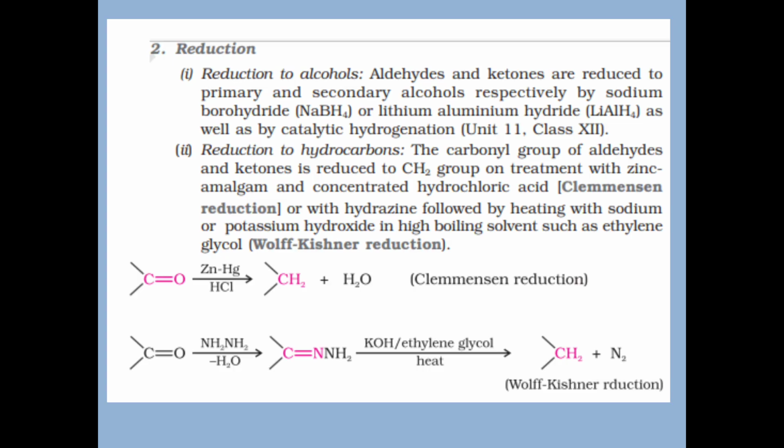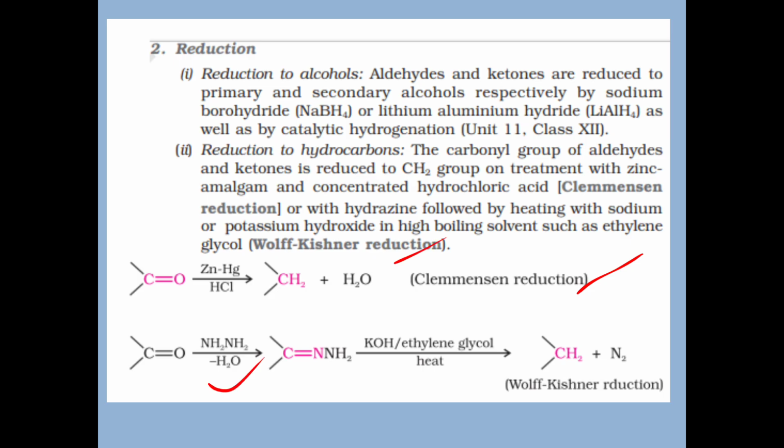This is reduction. Two types of reduction can occur of the carbonyl compound. One, it can be converted into alcohol, or it can be converted into hydrocarbons. So reduction to alcohol can be done with lithium aluminum hydride or sodium borohydride, and reduction to hydrocarbons can be done with Clemmensen reduction, where the reagent is zinc amalgam and HCl, and Wolff-Kishner reduction.